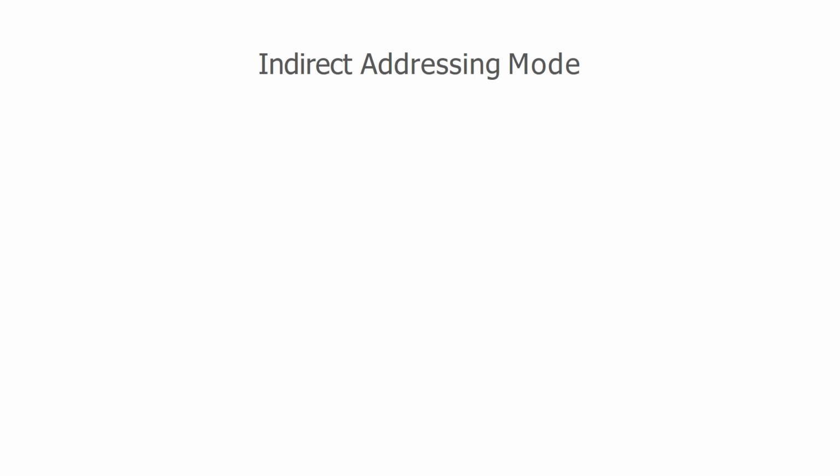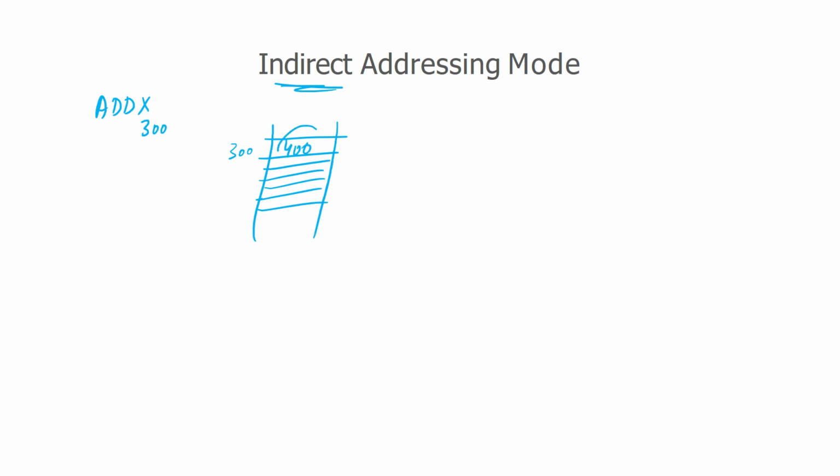Example, suppose I say add x, and x is 300 for indirect addressing mode. It means that in a memory location, suppose at 300 my value was 400, so this is the effective address. So this 400 is somewhere here, which is having value of 500. So this is my actual operand. This is my operand to be used.